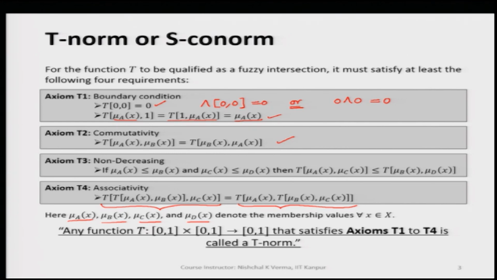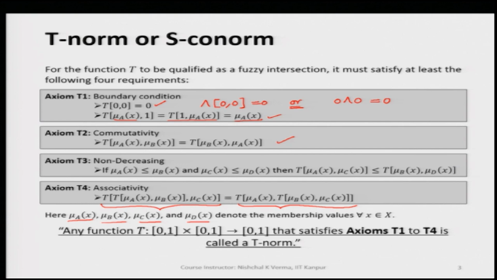So, we can say that axioms T 1 to T 4 are satisfied and this operator qualifies to be called the T norm or S co-norm, or once again, the triangular norm. This way we understand how these axioms need to be satisfied before we call T the triangular norm.